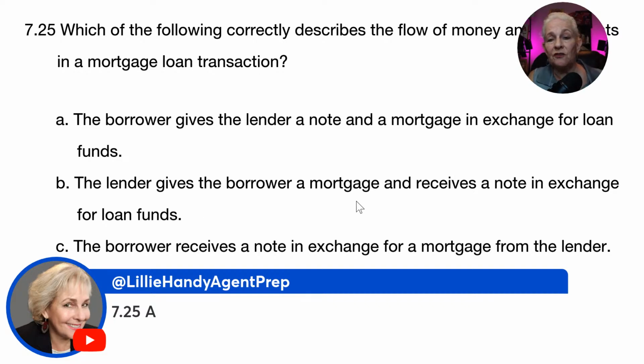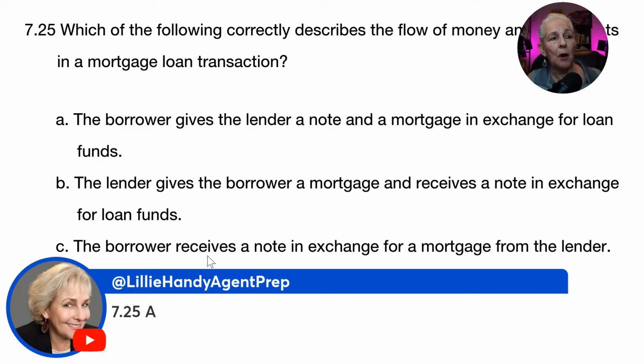The mortgage is equivalent to a deed of trust in non-judicial states. B says the lender receives a note in exchange for loan funds. Well, they do receive a note, but they don't give the borrower a mortgage. They give them money. And C says the borrower receives a note in exchange for a mortgage from the lender.